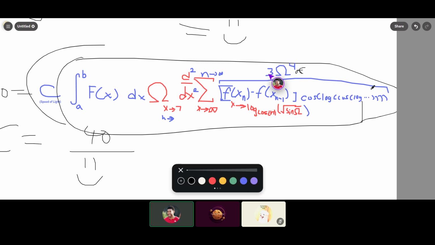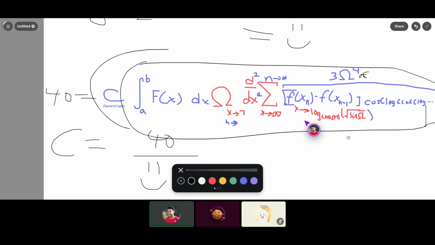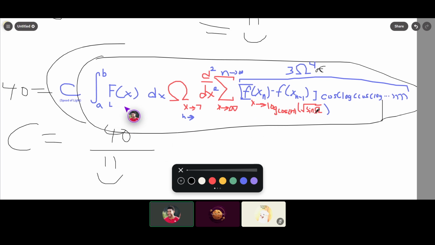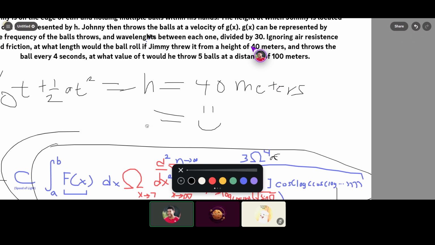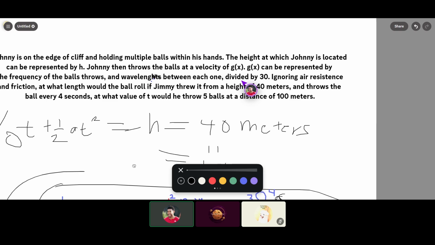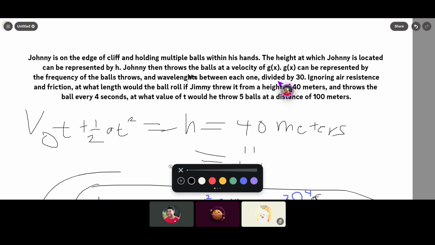This gets rid of a lot of the problems we see over in this entire complex equation. We can also simplify f of x to equal g of x, since that is what we're trying to solve for. So now the function becomes more clear as we're almost at the point at which we can find how many meters Jimmy or Johnny can throw 5 balls.